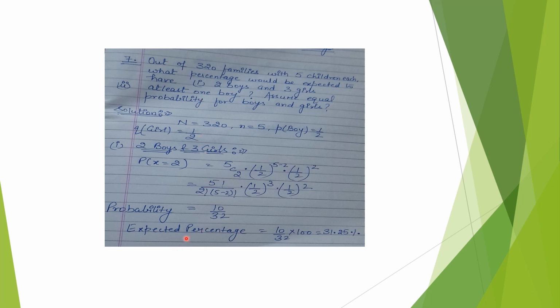So calculating the expected percentage by multiplying this probability with 100, 10 by 32 into 100, so percentage is 31.25%. That's it. This was the solution, or this was the answer for the first point of question number 7.